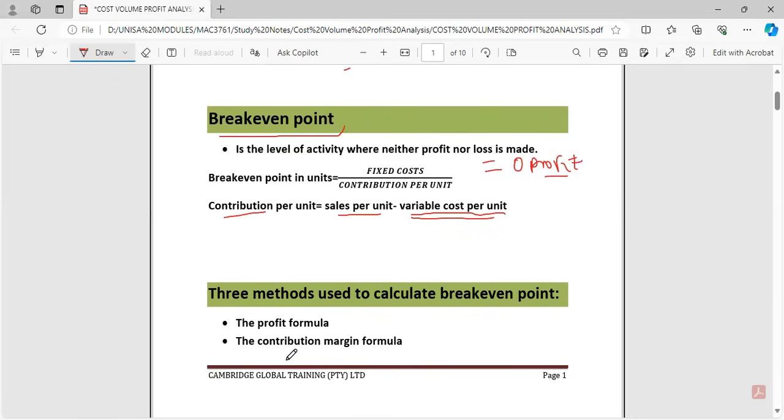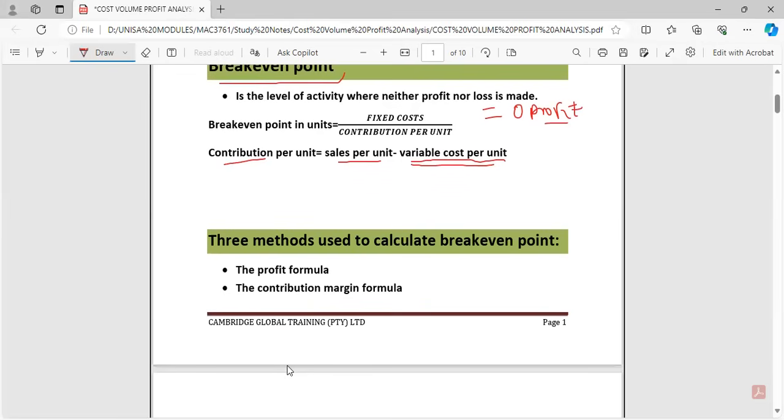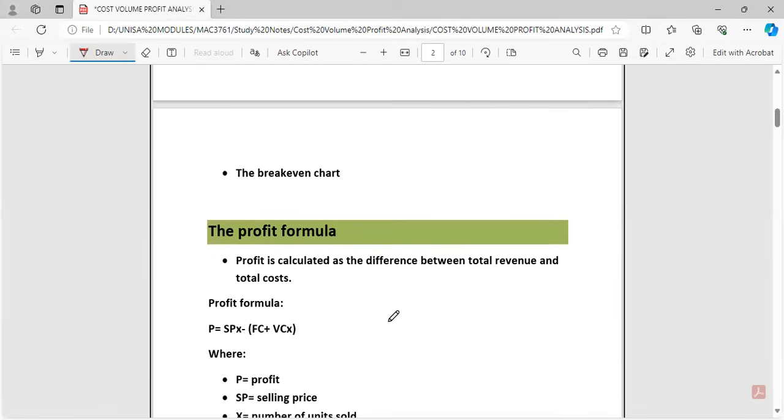Then there are three methods that we use to calculate a break-even point. There is the profit formula and the contribution margin, but the most widely used is the contribution margin formula. That's the one that is used most.